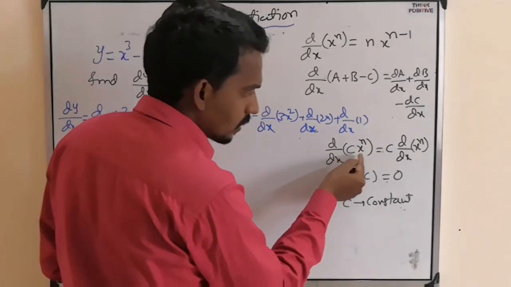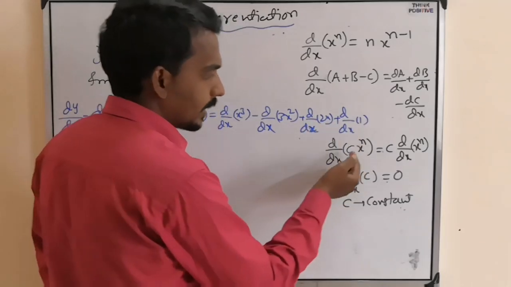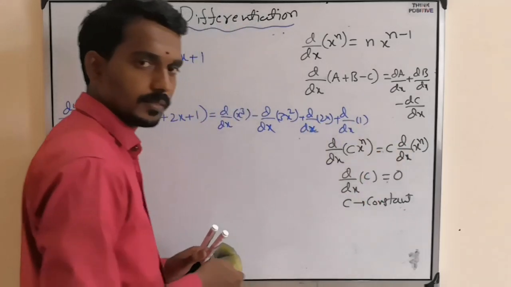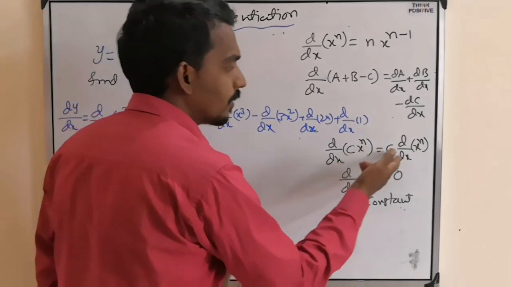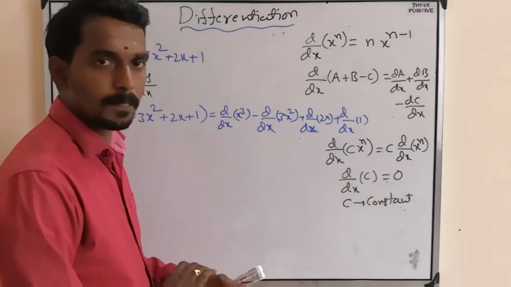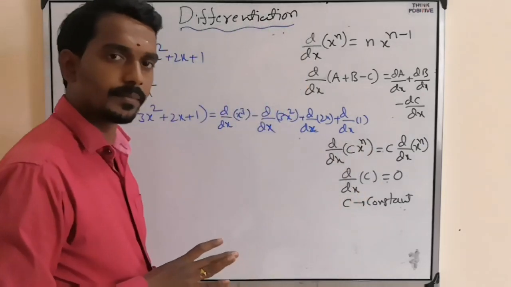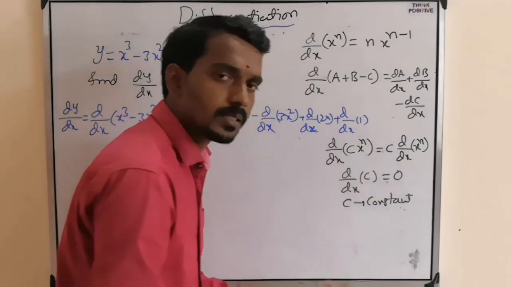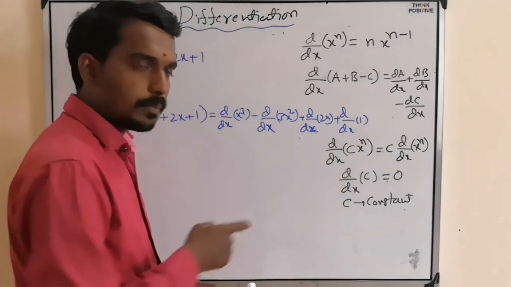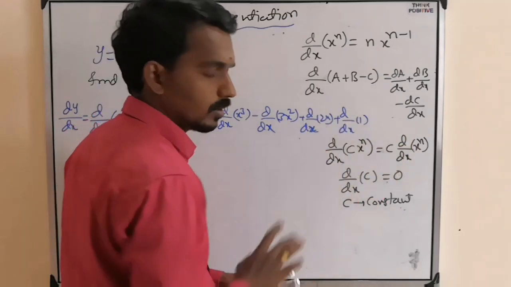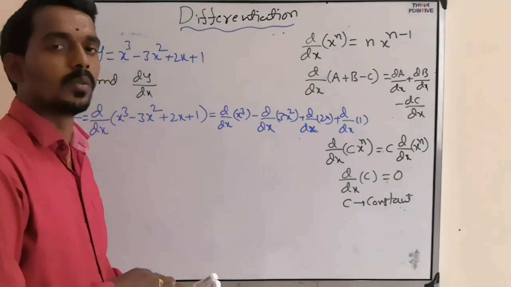If there is a constant multiplying a variable, then take that constant out, because differentiation means change, but a constant never changes, that's why you take it out. But here, differentiation of only a constant, change in constant is how much? 0. So if a constant is multiplied with a variable, then it will come out. If only a constant is there, its differentiation will become 0.